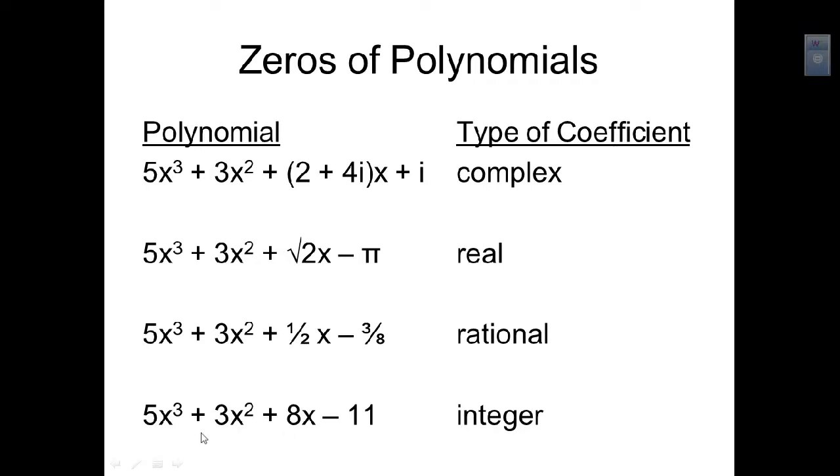Now remember, this does not change the definition of a polynomial. We cannot have x to a negative power, and we cannot have x to a rational power or an irrational power. All the powers of x, our exponents, must all be positive integers or 0.